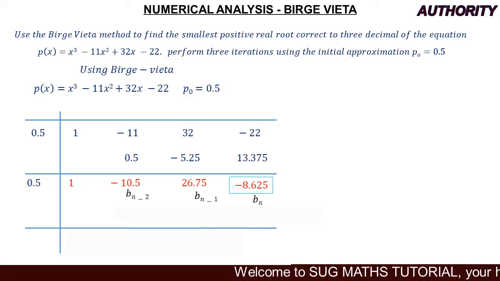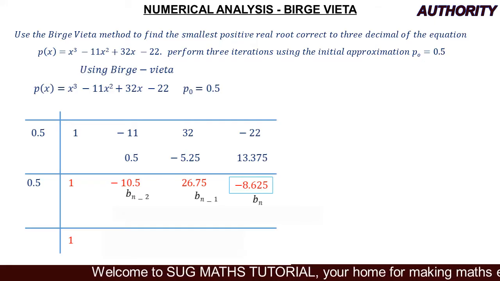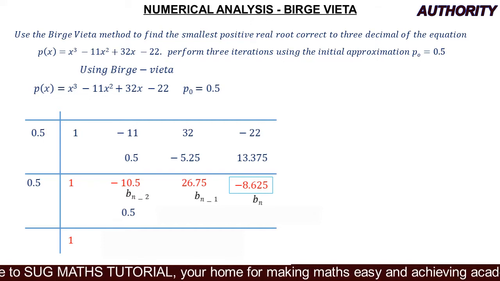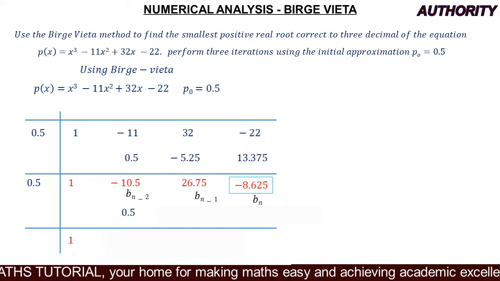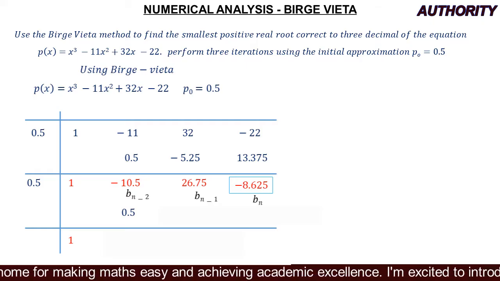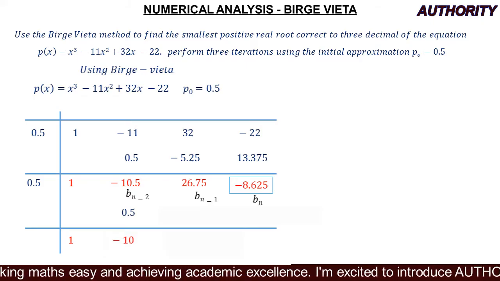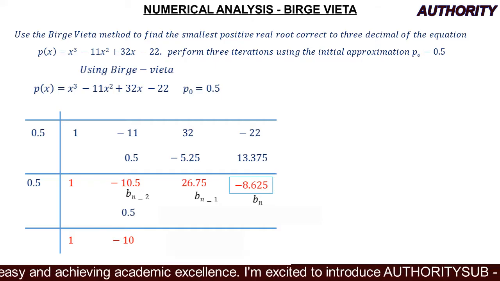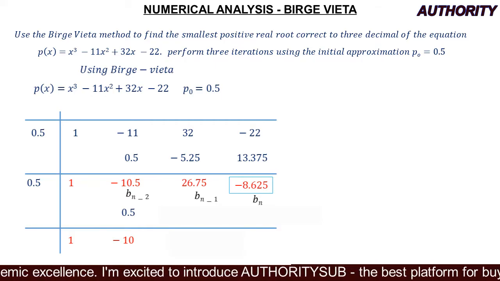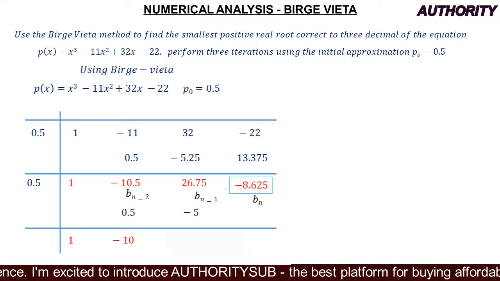This one, we also bring it down again. This one multiplied by the p naught is going to give us 0.5. We write 0.5 here. Now we add these two together. Minus 10.5 plus 0.5 is going to give us minus 10. Now this minus 10 multiplied by the p naught, which is 0.5, is going to give us minus 5.